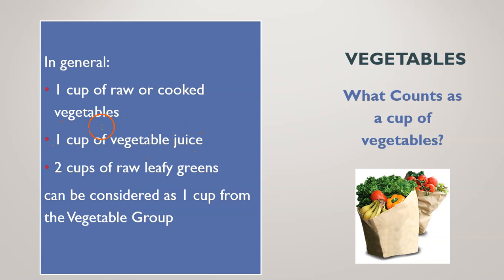With most vegetable juices that you purchase in the grocery store, I'm thinking, for example, of V8, you're going to really increase your intake of sodium. So staying with vegetables in their natural form is going to be a better option. You're also going to lose a lot of fiber if you go with vegetable juice versus the raw or cooked vegetables.